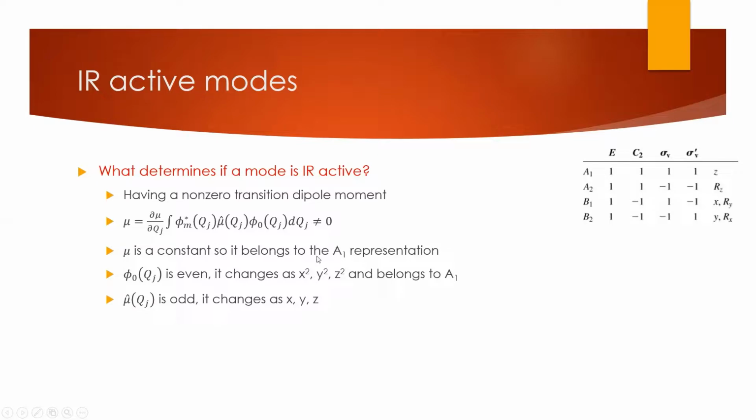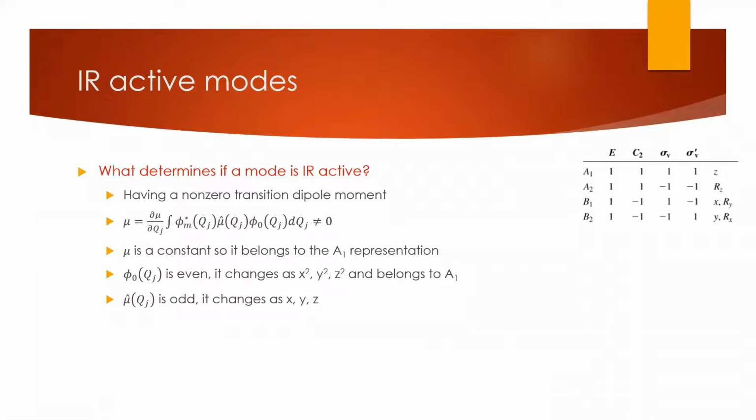So in order to keep the whole thing even and have a non-zero integral, where we're ending up, our excited state must also change as x, y, or z. And that is a general result here: in order for things to be IR active, they have to have an x, y, or z as a basis for their representation.